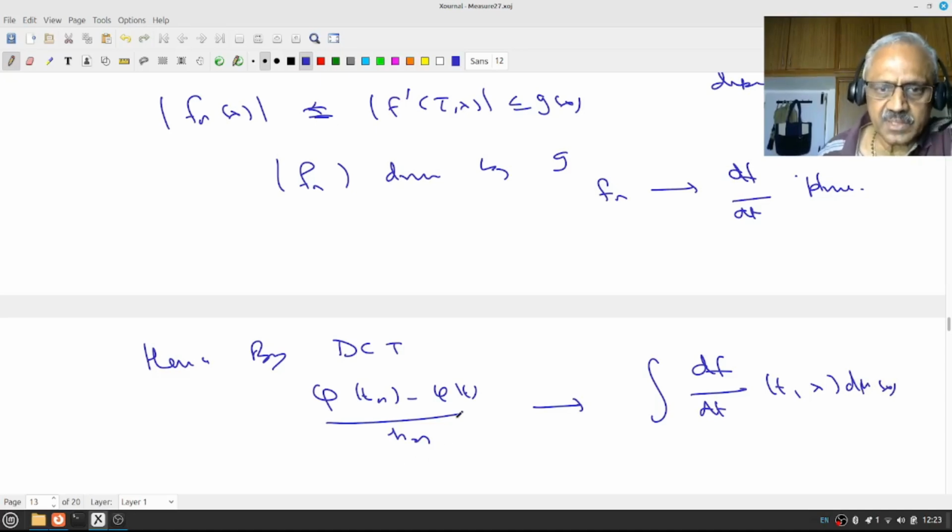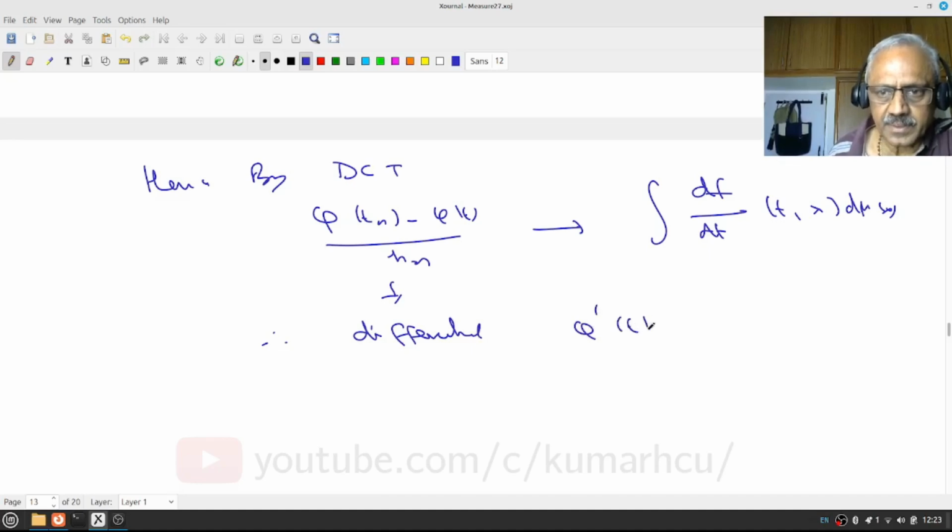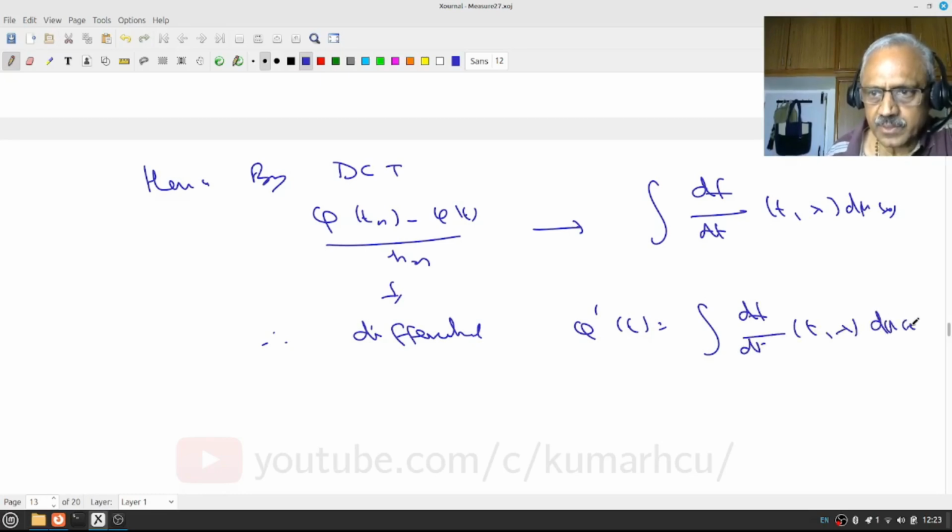Since it converges, therefore this is differentiable, and the derivative phi dash of t is the integral of df by dt at (t, x) d mu x. Okay, so pause, review, proceed.